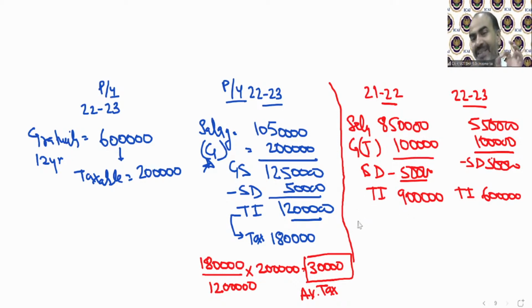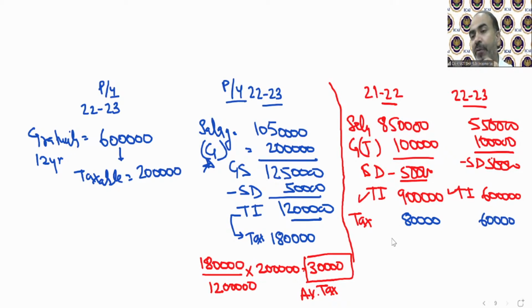So the tax will be given in the question. You need to calculate up to the taxable income, but the tax liability will be given. For example, tax on 9 lakh has been given as 80,000, and tax on 6 lakh rupees income has been given as 60,000.